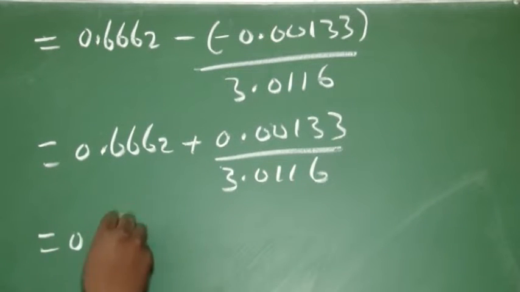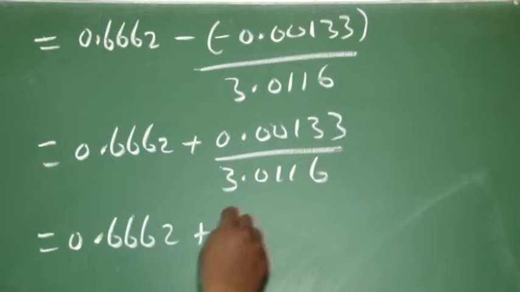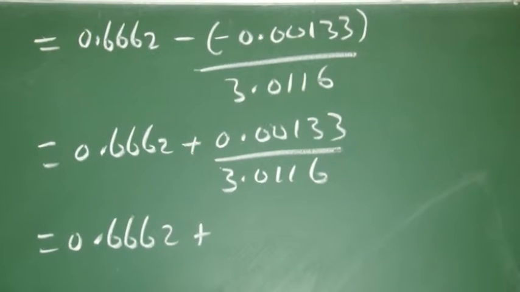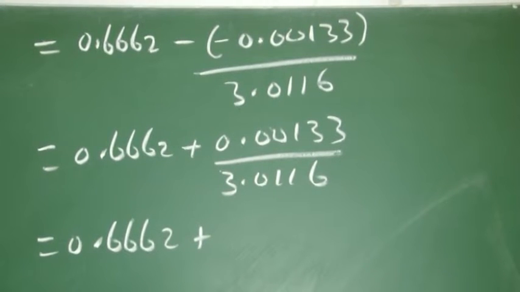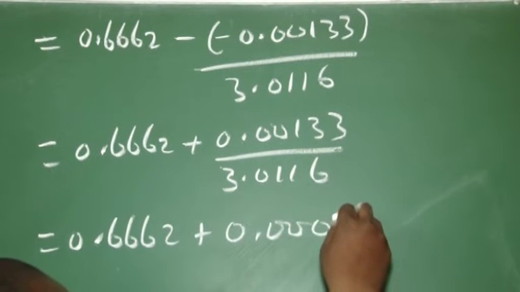You divide this, you have 0.00133 divided by 3.0116. This gives us 0.00044.